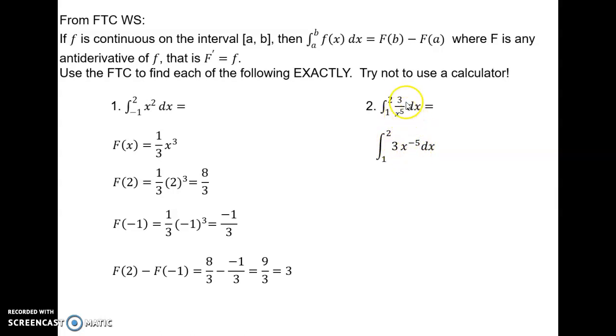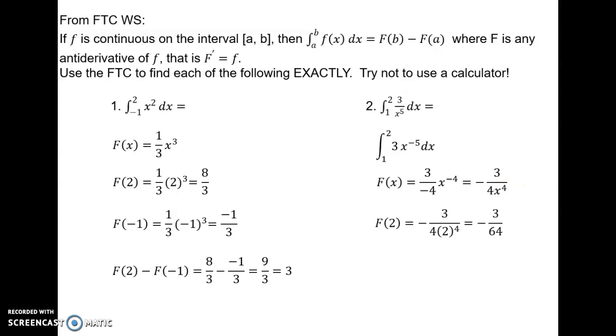So first rewrite the function, bringing the x to the 5th up to the numerator. Then the antiderivative is: the 3 gets pulled out to the front, and x to the -5 becomes 1 over -4 x to the -4. So here's our antiderivative. Then I cleaned it up a little by bringing the negative out to the front and bringing the exponent back down to the denominator.